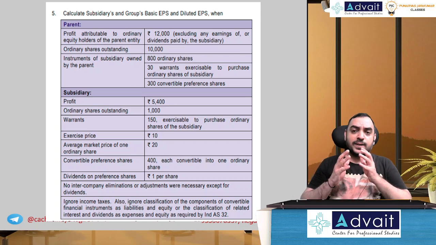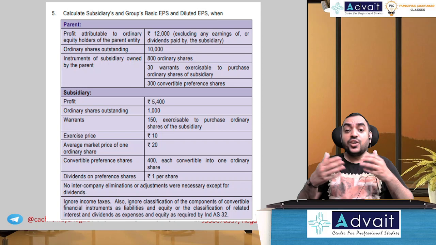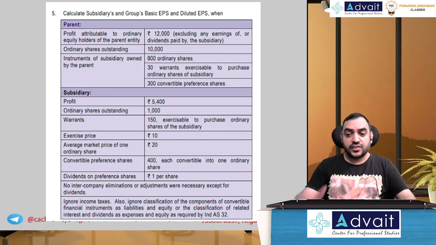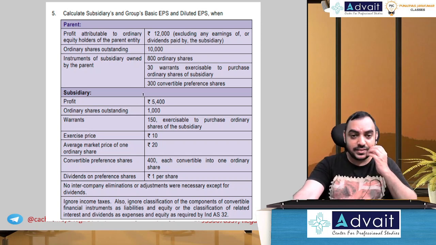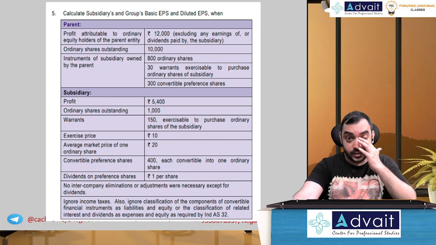So first we'll calculate the basic EPS as far as the parent is concerned, the subsidiary is concerned. Then we'll go for diluted EPS, and then we'll come to the group basic EPS and diluted EPS. Institute has given some solutions, but we'll look at that later.